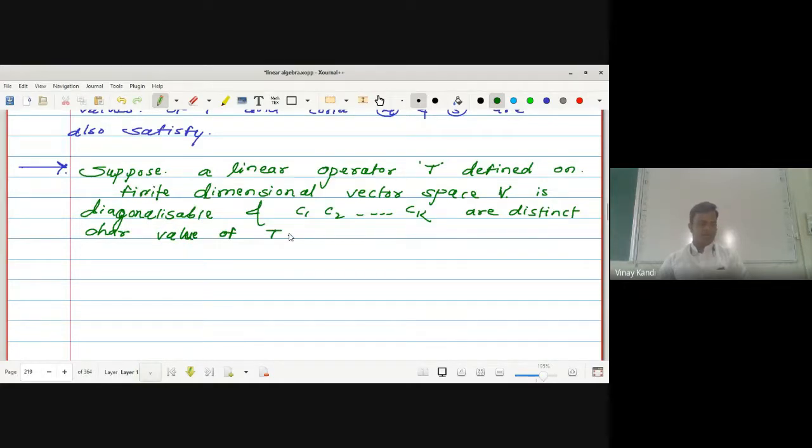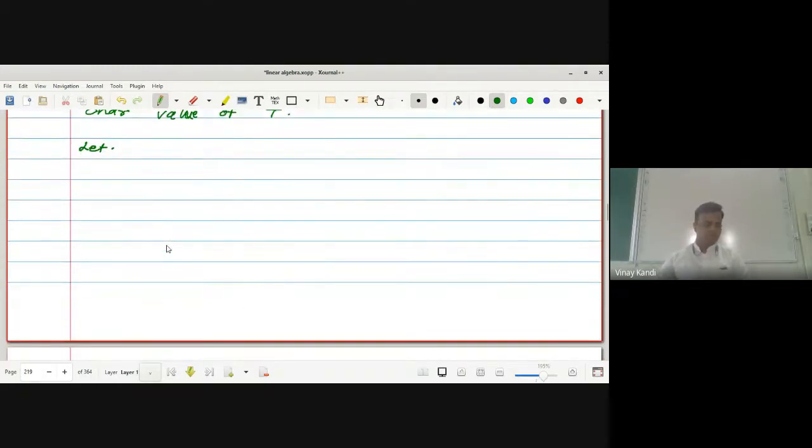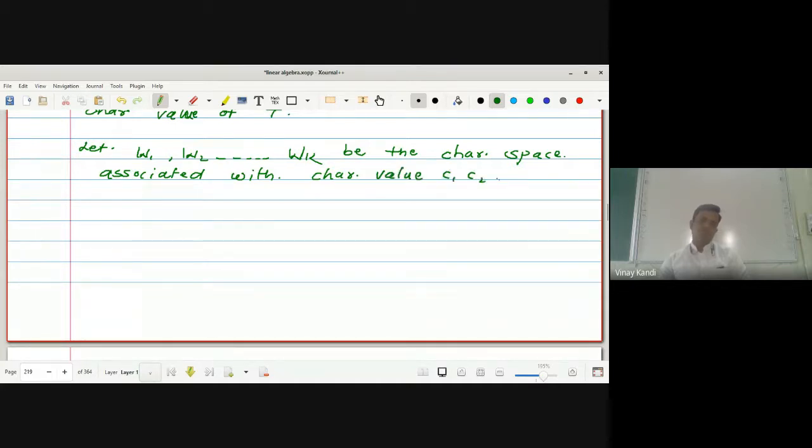Now let W1, W2, up to Wk be the characteristic subspaces associated with the characteristic values C1, C2, up to Ck.